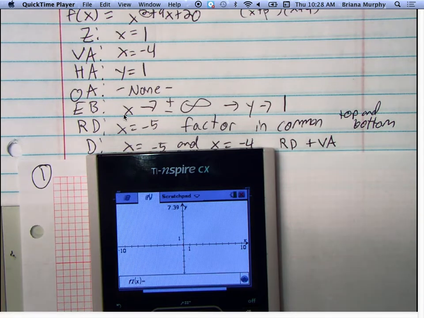Okay, so I'm going to put this in here. I'm going to put x plus 5. You could put the factored version or the non-factored version. It doesn't matter. X minus 1 over x plus 5 times x plus 4.